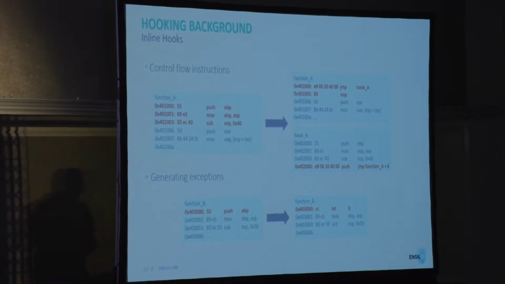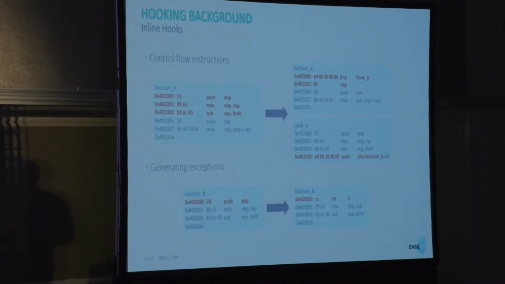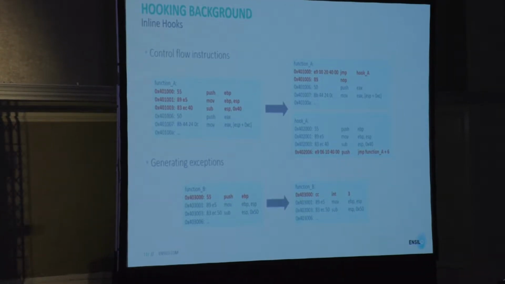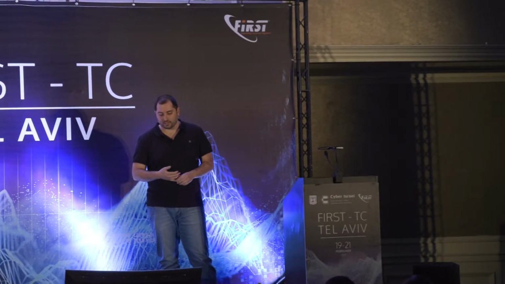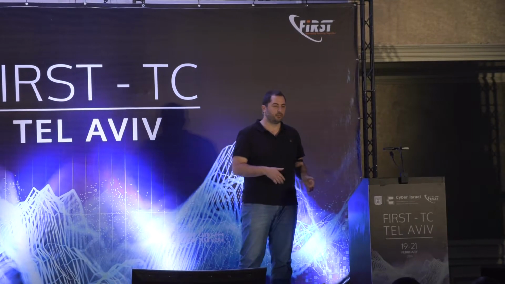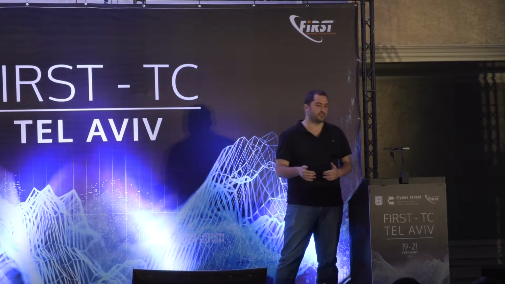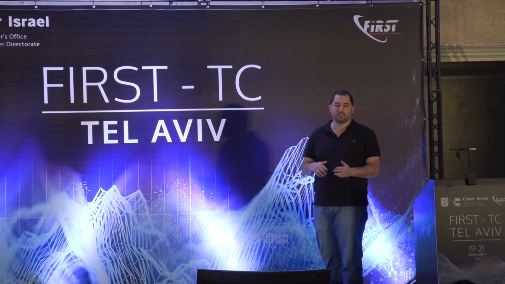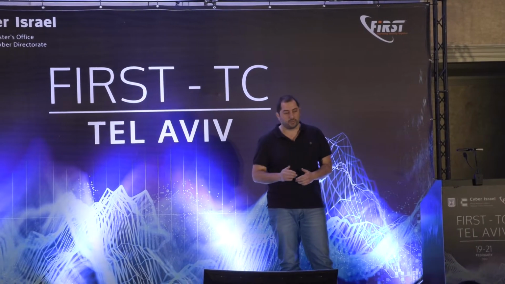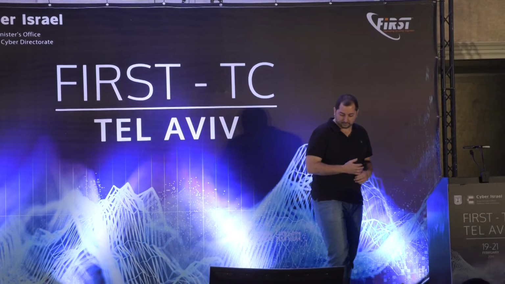The first one is by changing the control flow with the appropriate instructions. You can see in the upper example, basically we took a function, we replaced the first instructions with a jump instruction to our hook, and then we go back to our function.